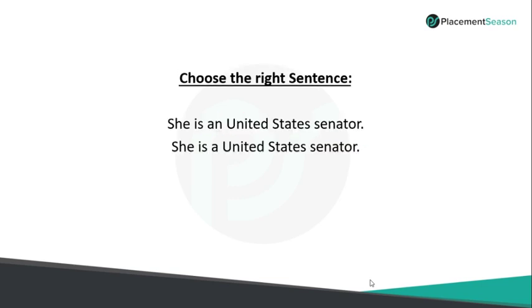Your time starts now. Time up. You may type the answers as 1 or 2. There are 2 sentences, so you can say answer 1, sentence 1 is right, or sentence 2 is right. So now let's move on to the next sentence.